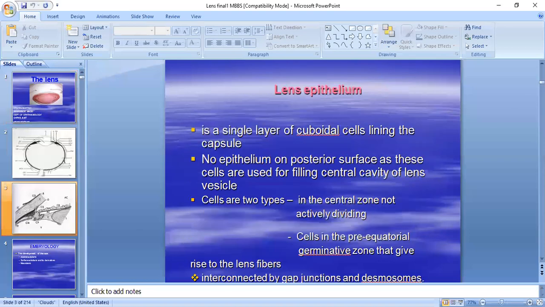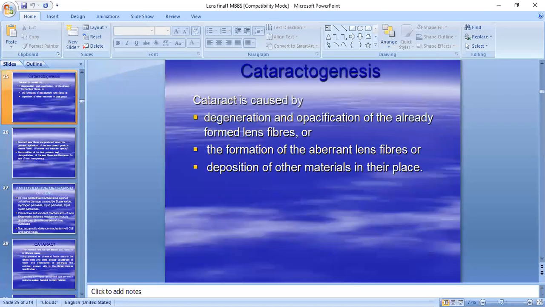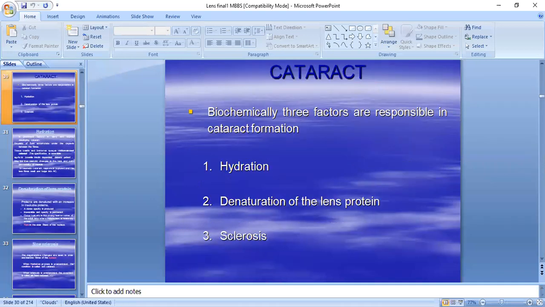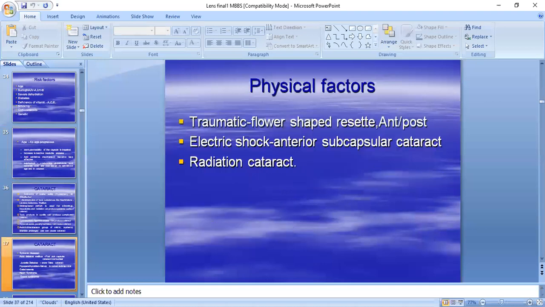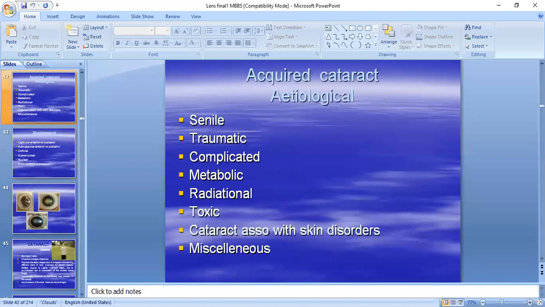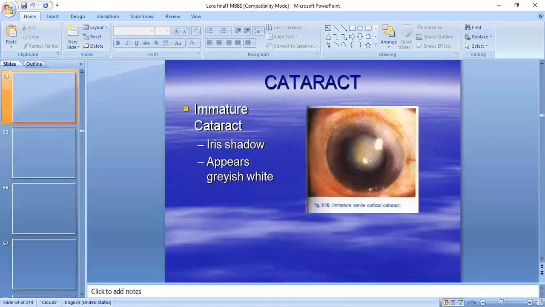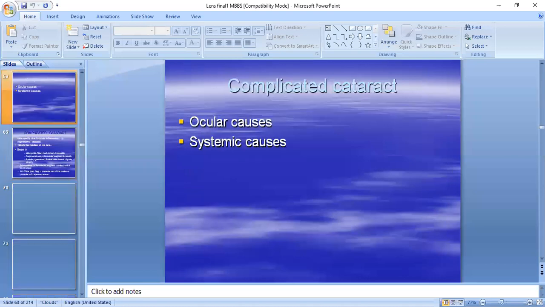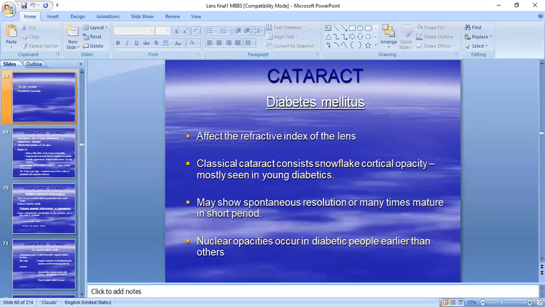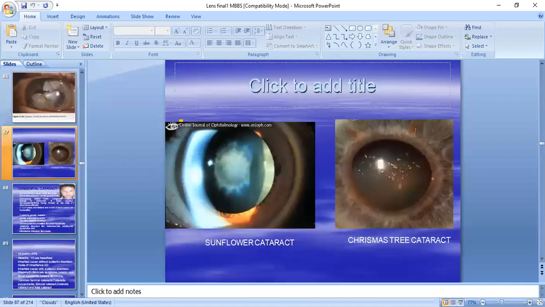So hitherto we have seen the late post-operative complications of cataract surgery and also various types of intraocular lenses, and now we'll go on to congenital anomalies and displacement of the lenses.